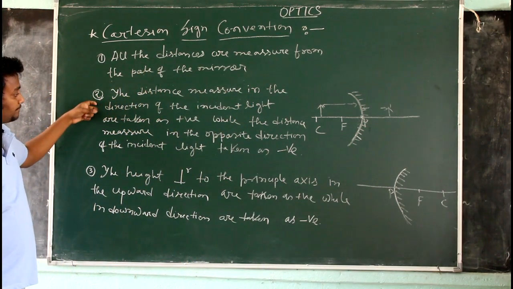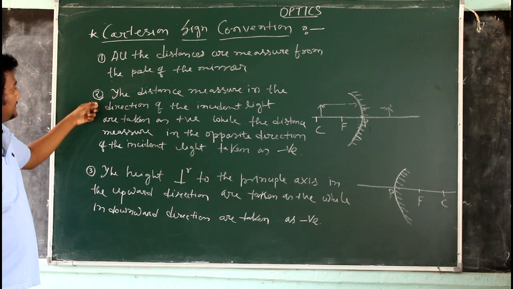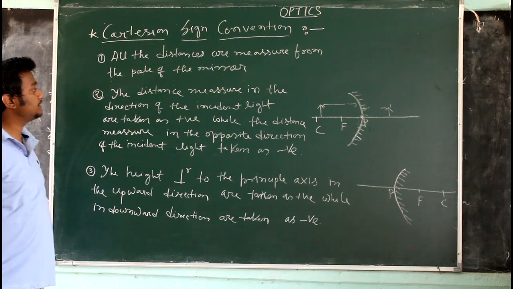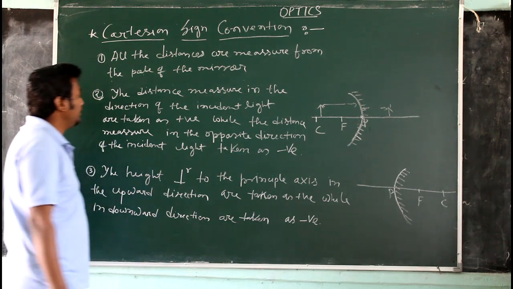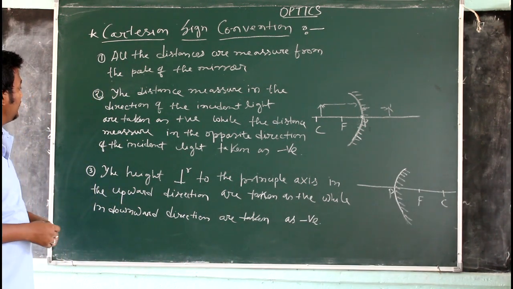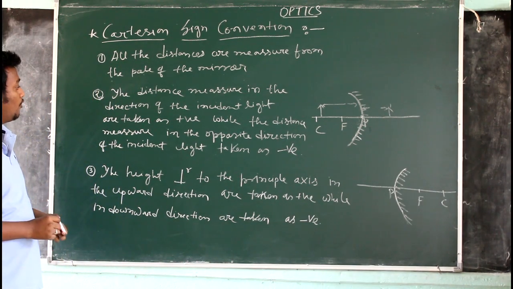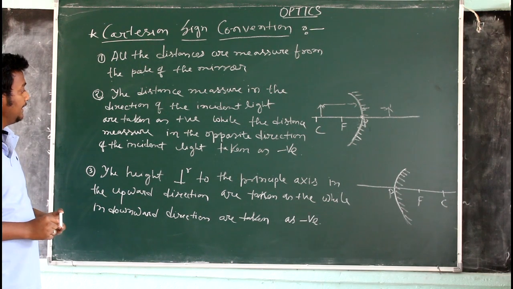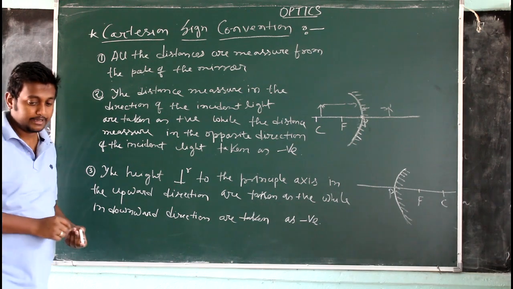The second point is that distances measured in the direction of the incident light are taken as positive, while distances measured in the opposite direction of the incident light are taken as negative.